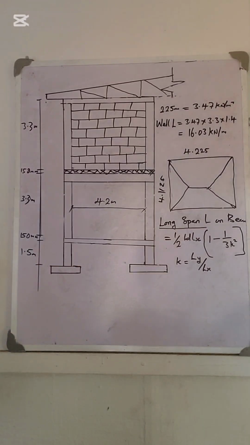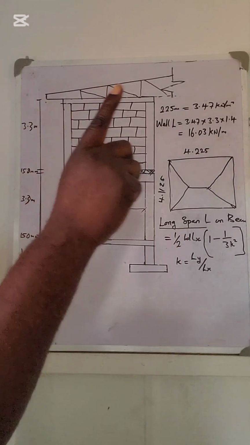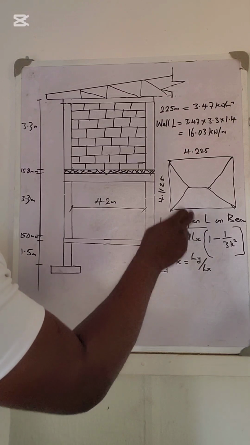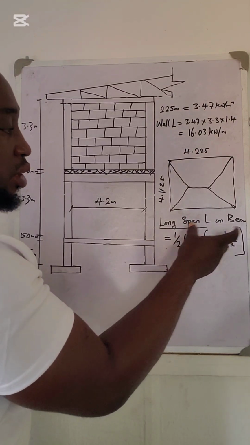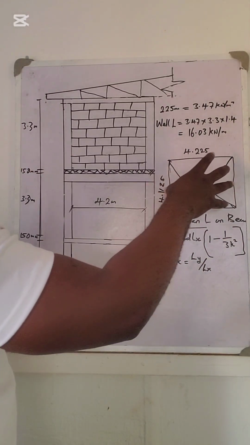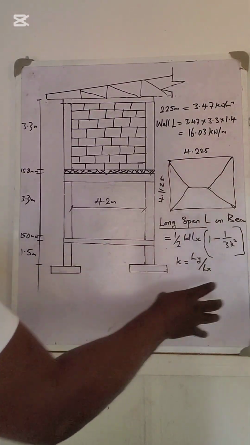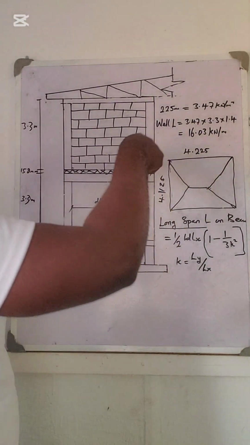Now, we will move to our design subsequently when we are doing it, but I just want to explain how the load from the slab is transferred to the beam.